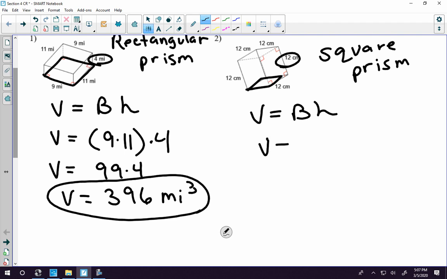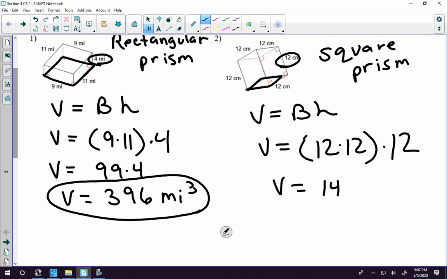So the volume is going to be 12 times 12, and 12 high. 12 times 12 is 144, and 144 times 12 is going to be 1,728 cubic centimeters.